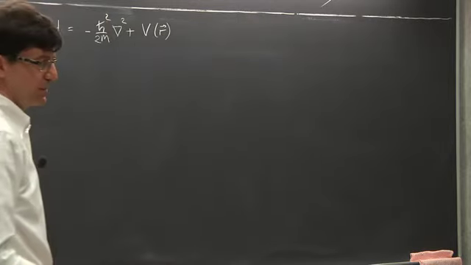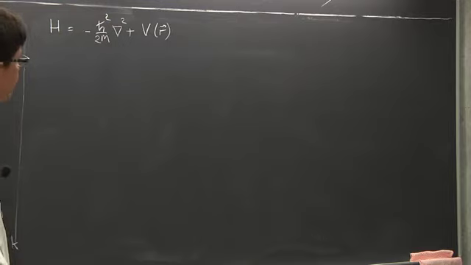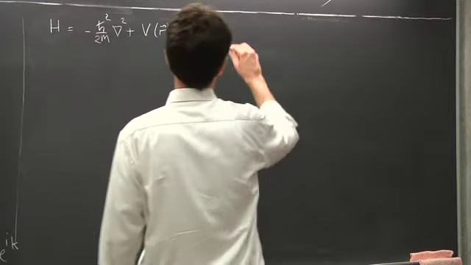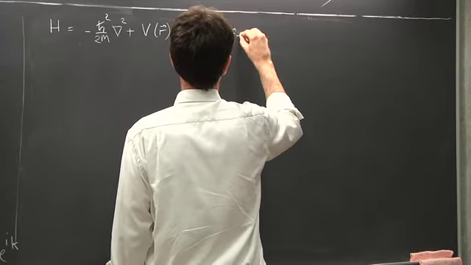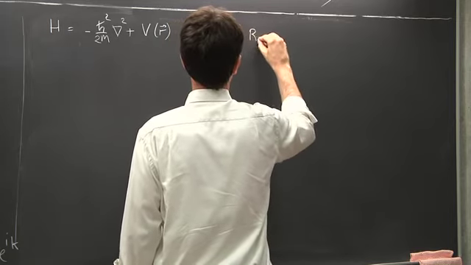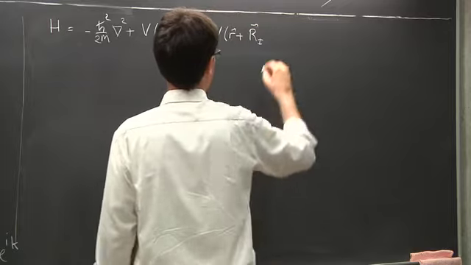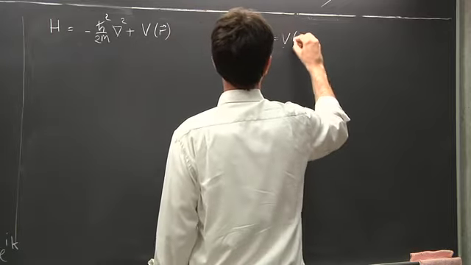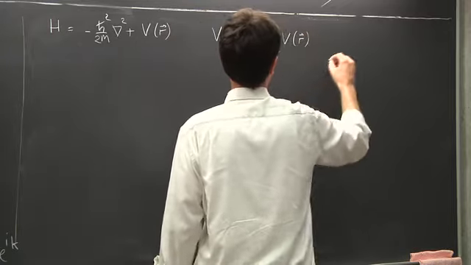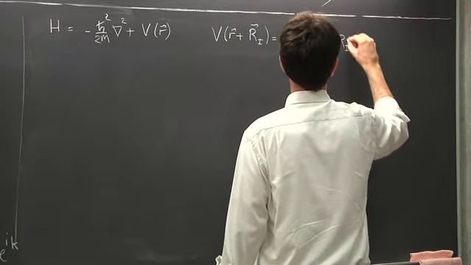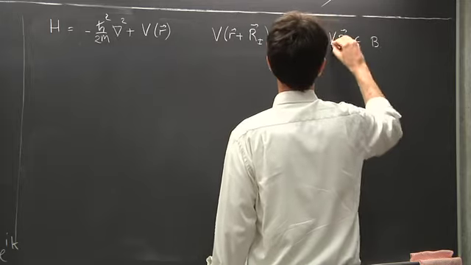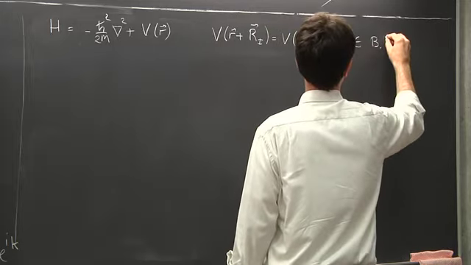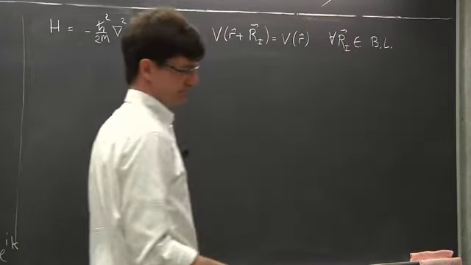It's a three-dimensional Hamiltonian which has a very important property: V of R plus Ri is equal to V of R, for any Ri belonging to a given Bravais lattice.